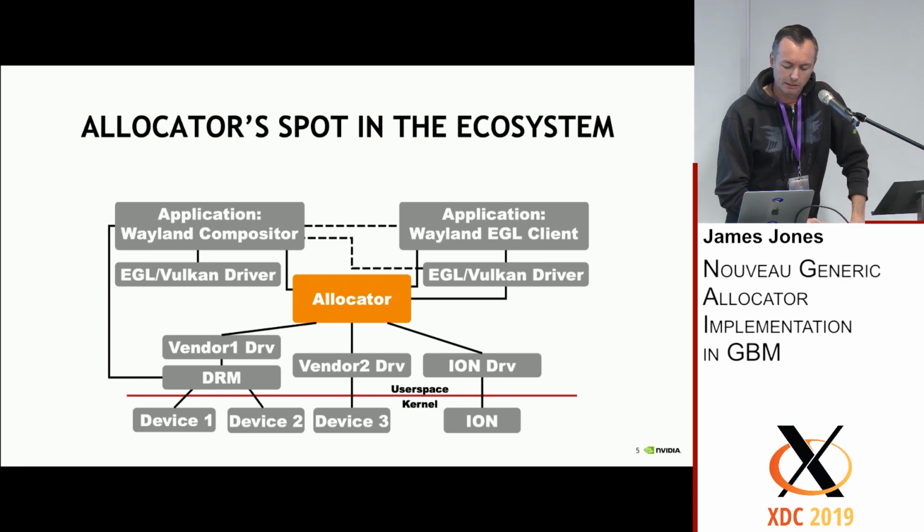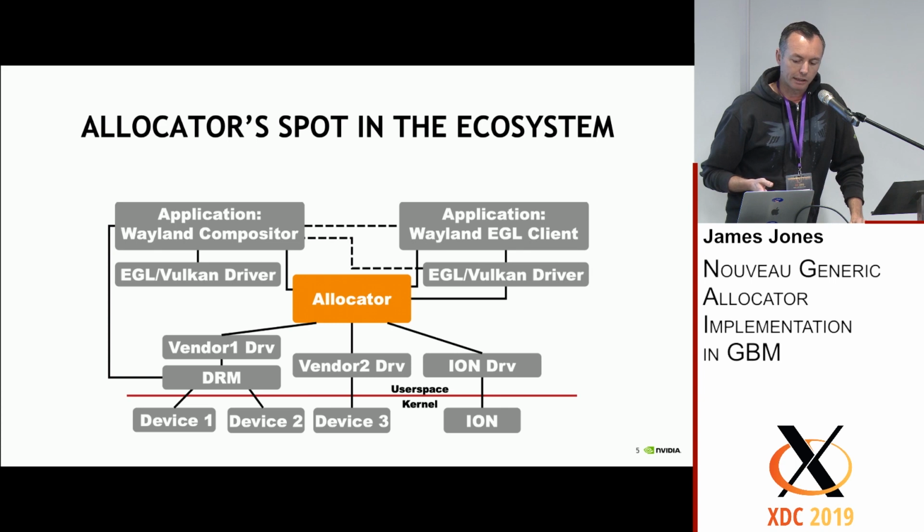You can see that the allocator library or API is being used by Wayland compositors, Wayland, or in general any application. It would especially be used by things like what we saw yesterday, like the Vulkan WSI layer implementation, or the equivalent thing in an EGL or Vulkan driver that would allocate the surfaces that an OpenGL or Vulkan application would use to present its results to a windowing system.